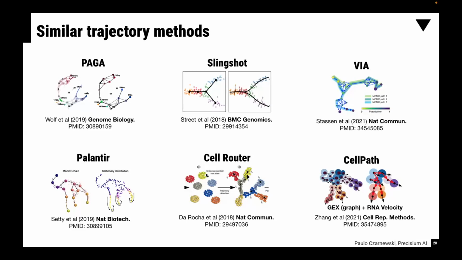But there are a few exceptions, especially when you do data integration or analysis. Sometimes even the mature cells are very close together. For example, if you work on T cells, CD4 and CD8 T cells, because they are so similar to each other, there are only a few genes that actually differentiate them. So when you do dimensionality reduction, they are always close together. But it doesn't mean that one originates from the other.